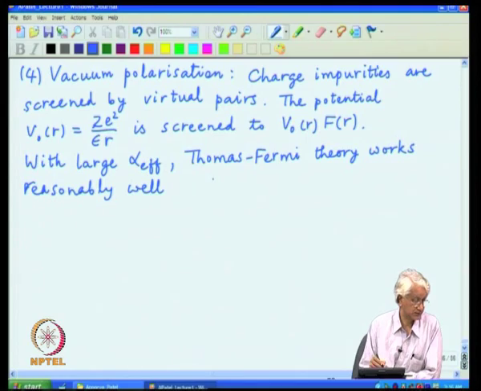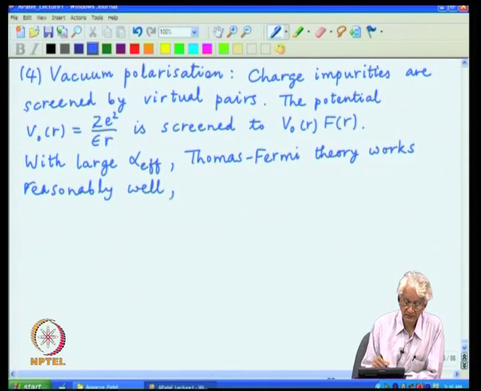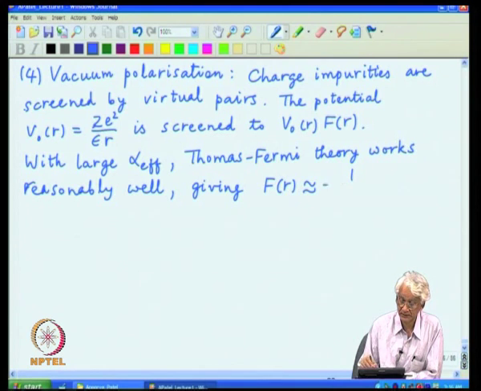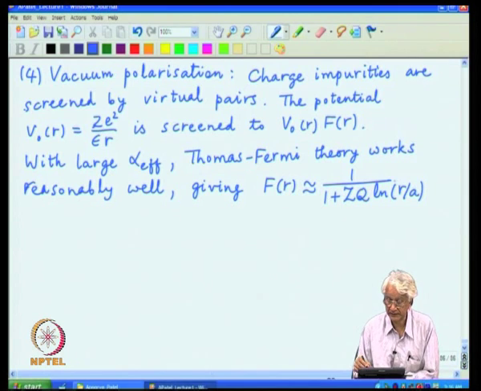And one get an answer for this function, which can be approximately written as 1 plus Z q log r by a, where a is a typical atomic scale.